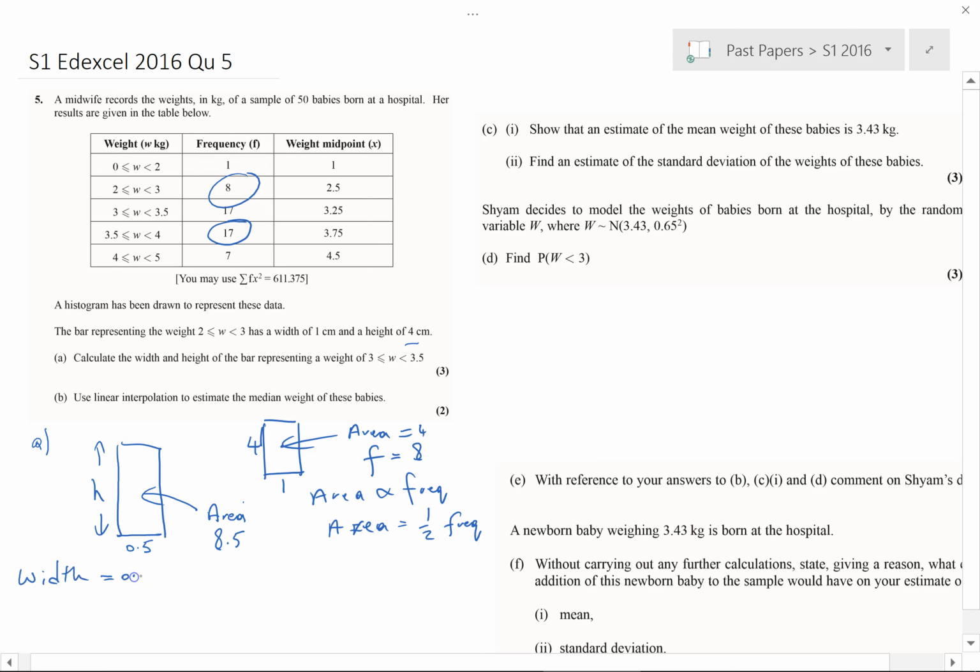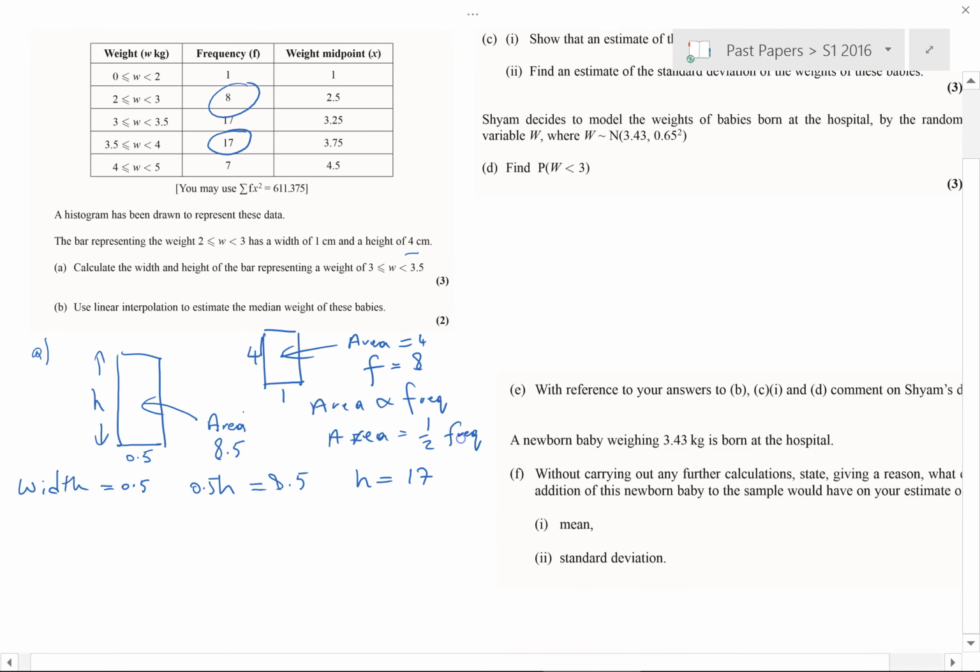Width is 0.5, so the area is h times 0.5, which is 8.5. So h equals 17. Bit fiddly, but I think I see those things quite a lot. They seem to be quite popular a few years ago. It's popped up again. And linear interpolation is also a bit fiddly, but we see it a lot as well.